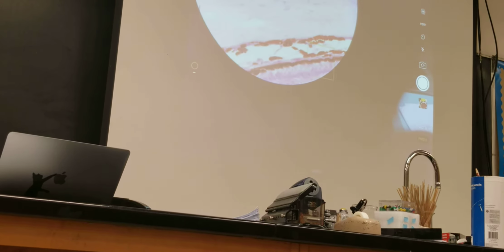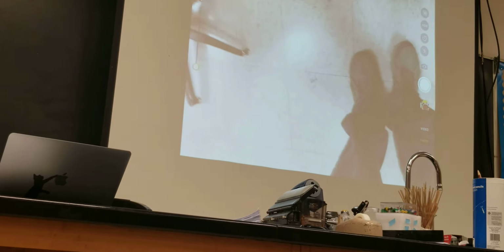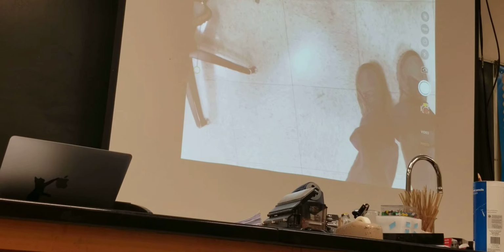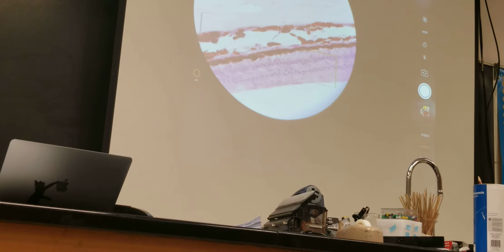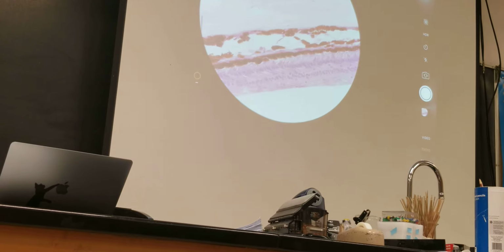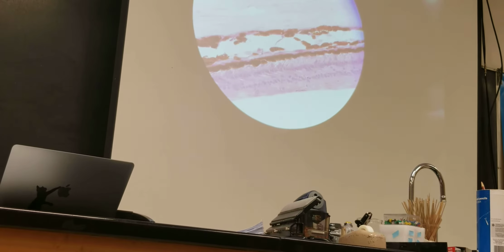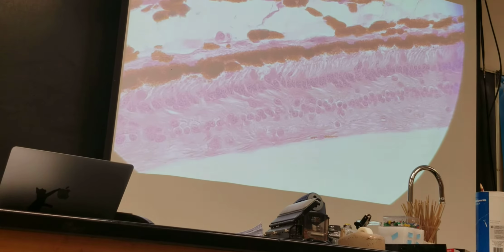Okay, let's see what's in here. Y'all know what organ this is from? This is the retina.